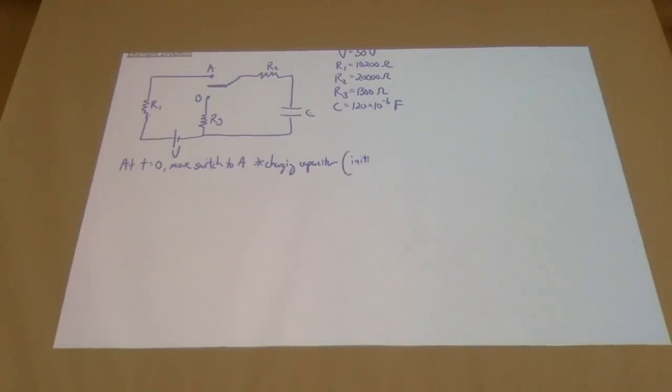We'll say that it's initially uncharged. And we're going to leave it that way for a few seconds. Okay, so specifically, we're going to charge for 4.7 seconds. Maybe that's enough to completely fill the capacitor, maybe it's not.